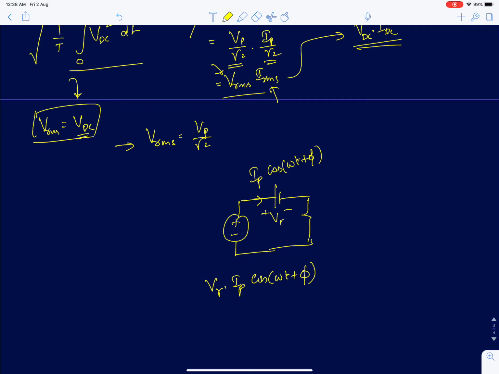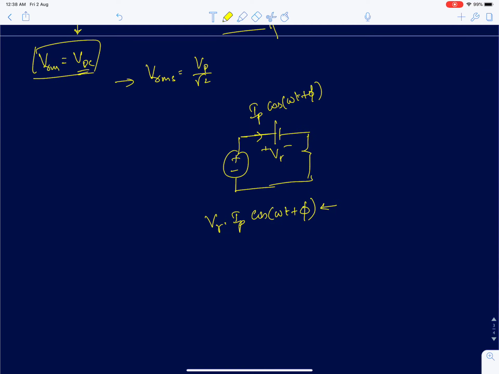Phi can be 0 here, I am just assuming some finite phi. Then compute the integral of this over a single cycle. If I integrate a sinusoid for one single cycle, the average value will be 0. So this says that the average power dissipated across the diode is 0, meaning the sinusoidal power dissipated is 0. There is only DC power.